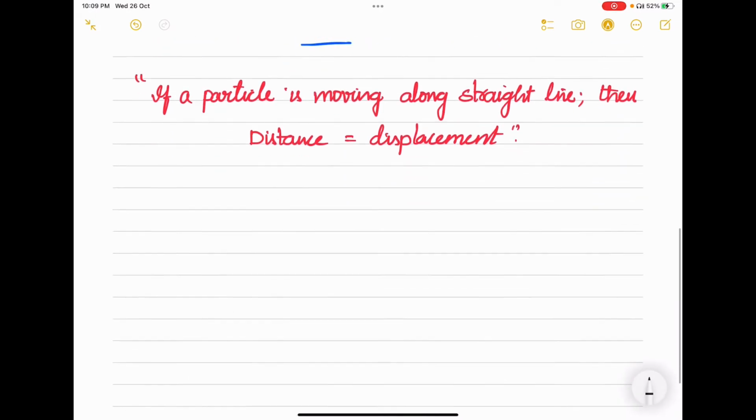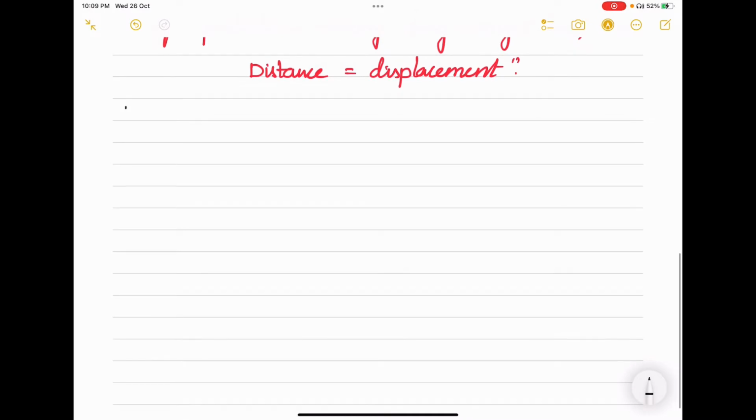Now let us go to case 2, which is the second characteristic we will be finding. Again the same example about the boy only.